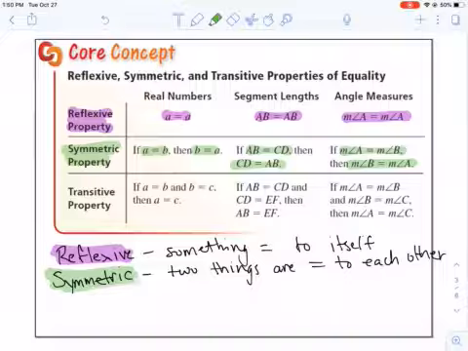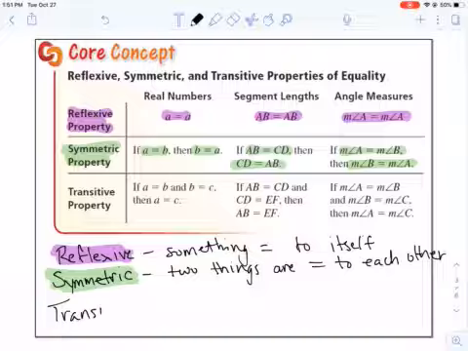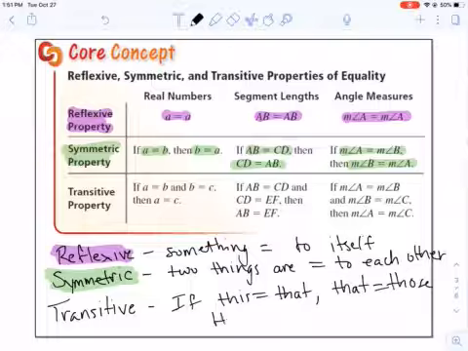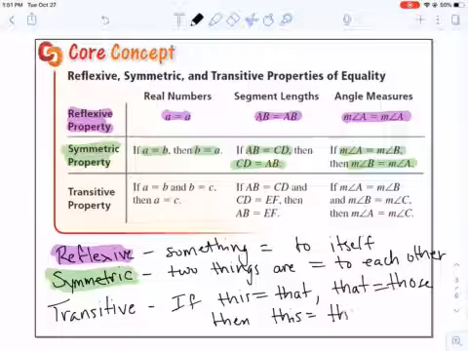And then finally, transitive. Transitive basically says this is equal to this, and this is equal to this, so our first thing and our last thing have to be equal. So I like to write it as, if this is equal to that, and that is equal to those, then this is equal to those.